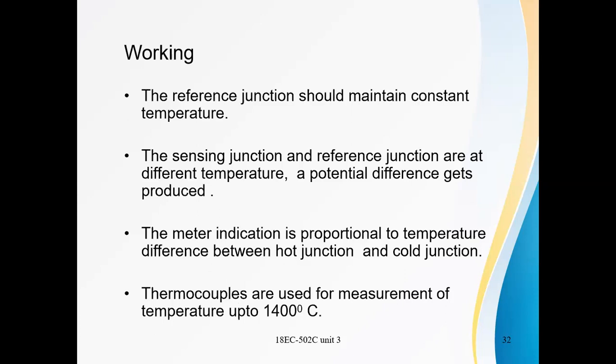That end is called the sensing junction or hot junction, and the other end is called the cold junction or reference junction. Whenever there is a temperature difference, it is indicated on the meter as a potential difference.